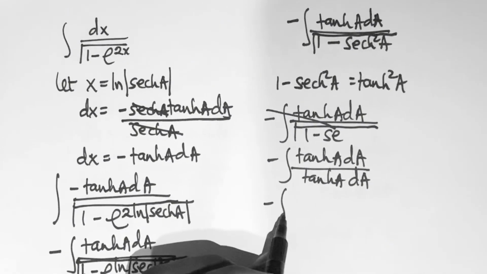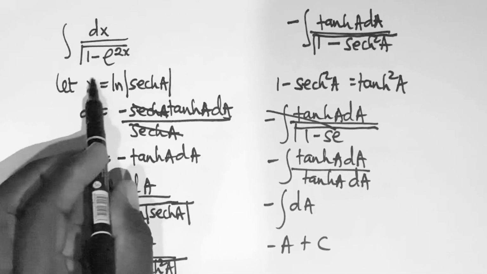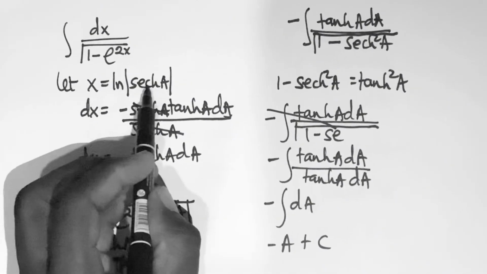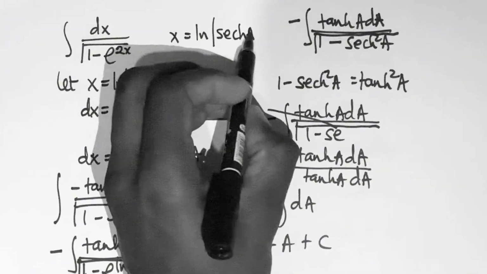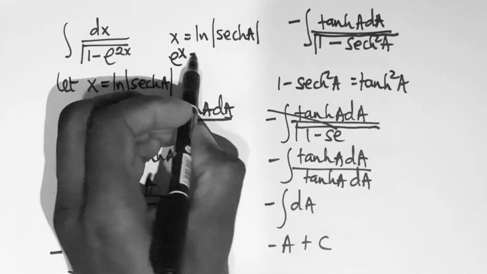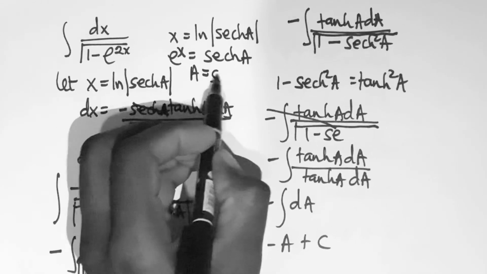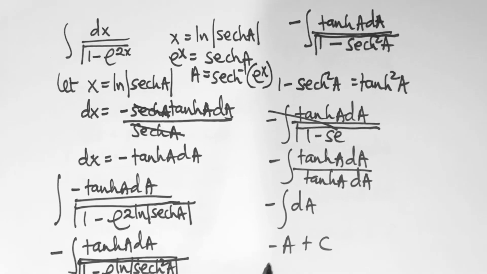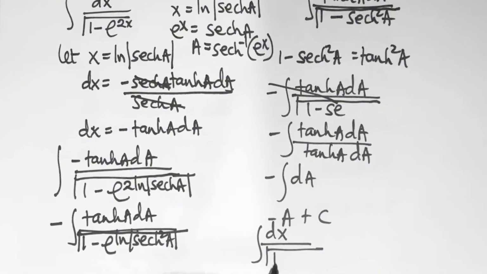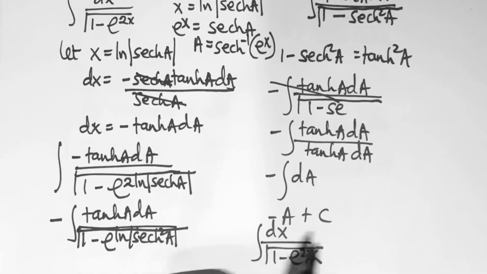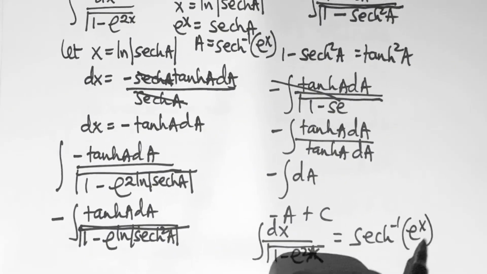So at the end of the day, it becomes minus integral of dA, and that is equal to minus A plus C. Nonetheless, we said that x is equal to ln sec A. So let me evaluate it here. x is equal to natural log of absolute value of sec A. So it implies that exponent x is equal to sec A. So A is equal to sec inverse of exponent x, and therefore the integral of dx divided by square root of 1 minus exponent 2x is equal to hyperbolic sec inverse of exponent x plus c.